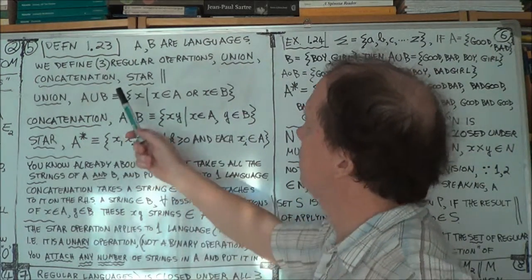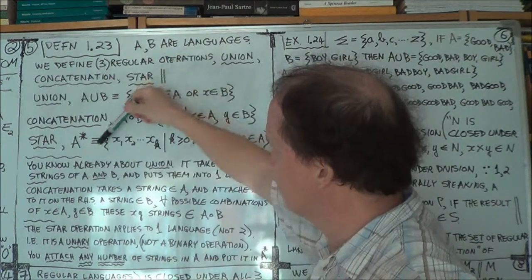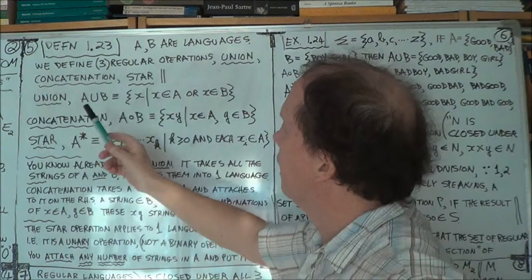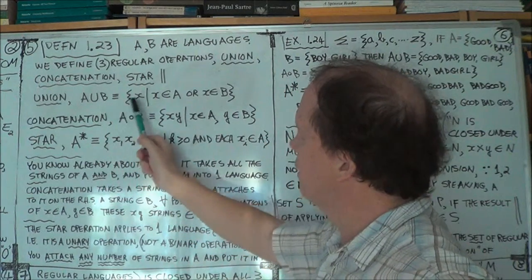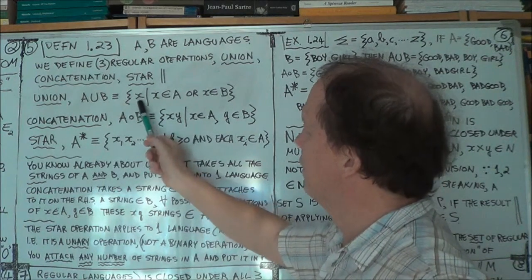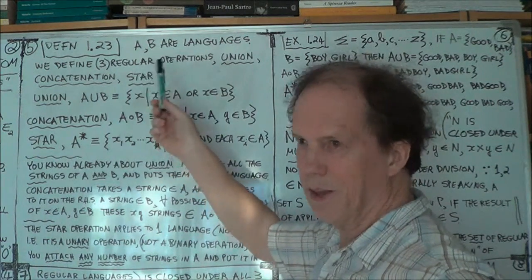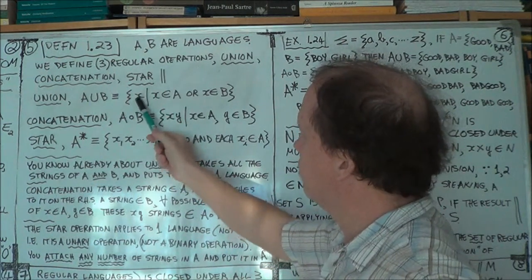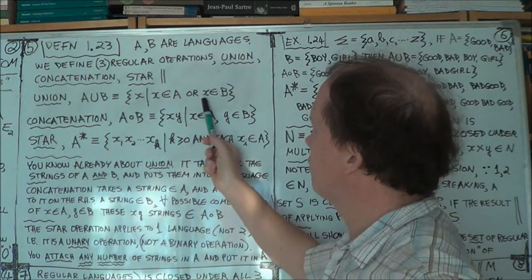So let the 2 languages be A and B. By definition, A union B is defined to be the set of input strings, or elements if you like, such that the input string belongs to language A, or the input string belongs to language B.